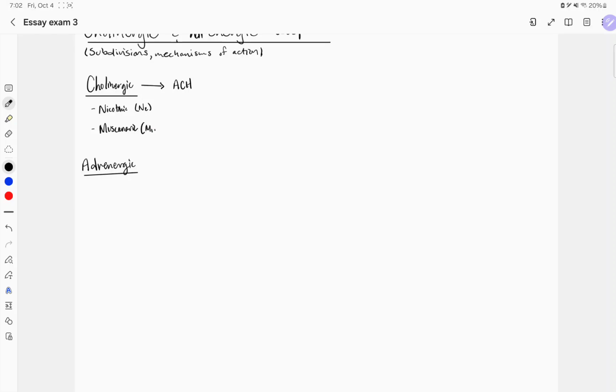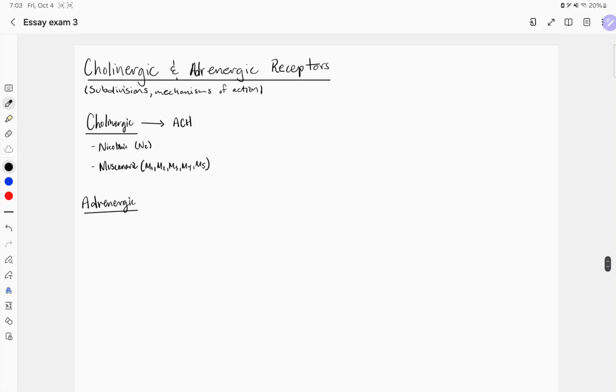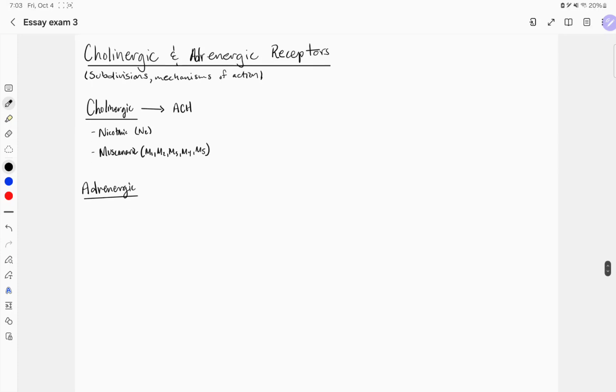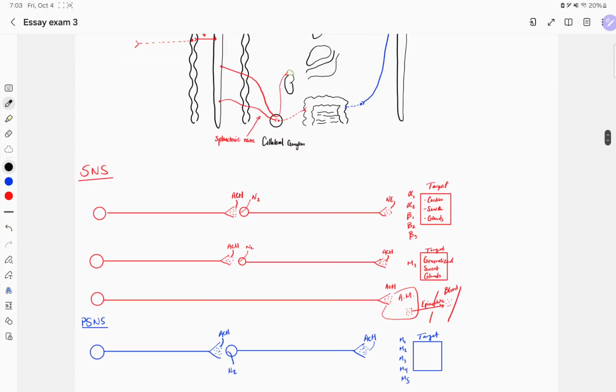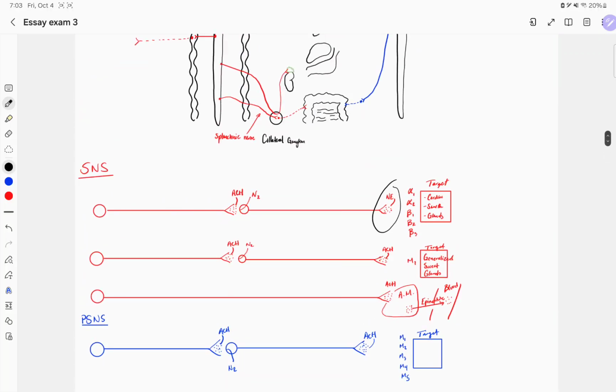So again, M1, M2, M3, M4, and M5. Those are our different types of cholinergic receptors that respond to acetylcholine. Then we have our adrenergic receptors that respond to norepinephrine, which again is our neurotransmitter that we discussed here.